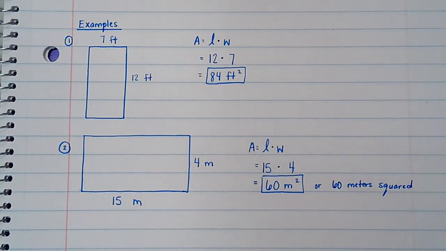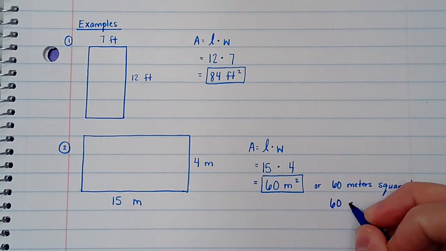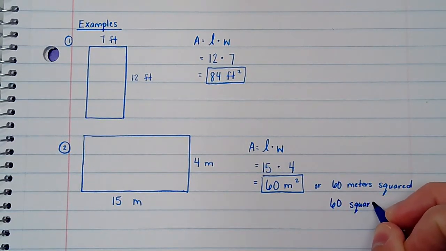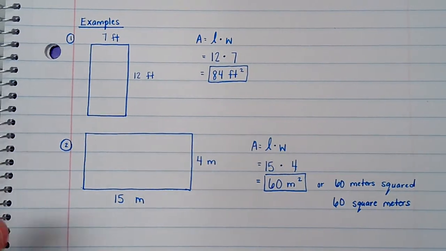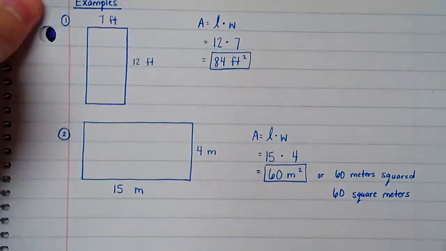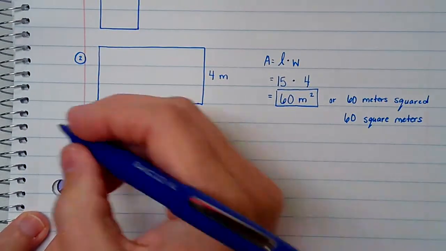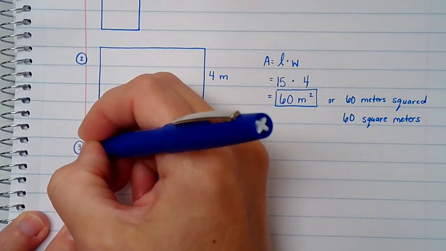Or it might say 60 square meters. Okay, so any of those things all mean the same thing. Okay. All right, we're going to do 2 more. You're running out of room, don't worry. So am I. All right, let's do number 3.